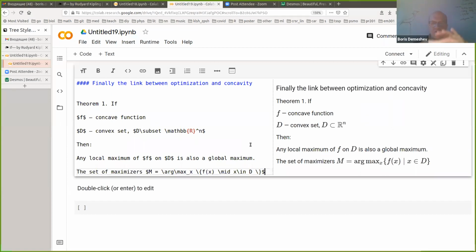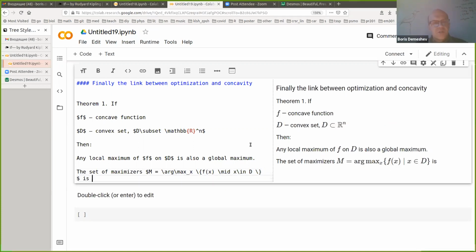So if I find the collection of all maximizers, then this collection is either empty. So there may be no local maxima. That can happen. But if you have local and global maximum, then it's just one connected convex set. So for a concave function you cannot have one maximum here, another maximum there, the third maximum somewhere else.